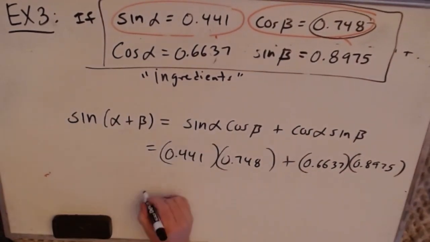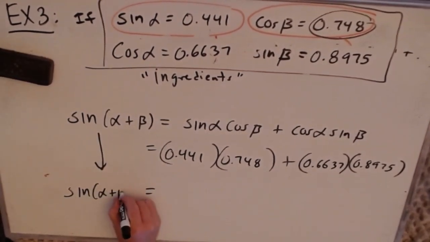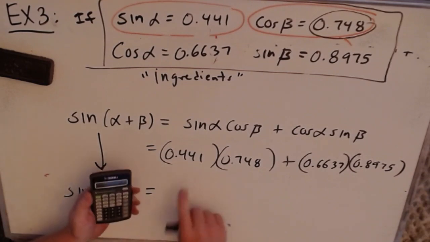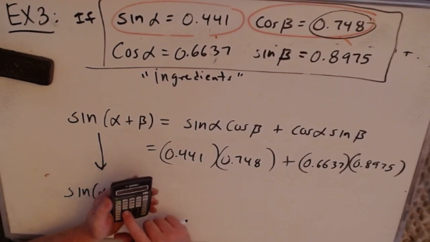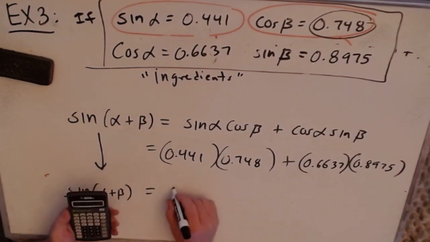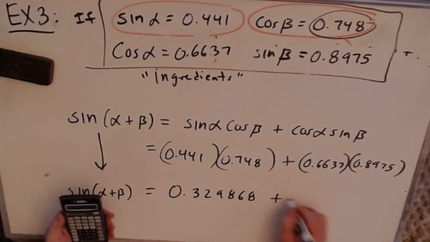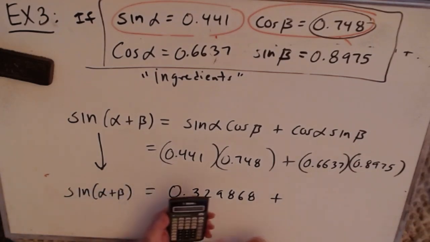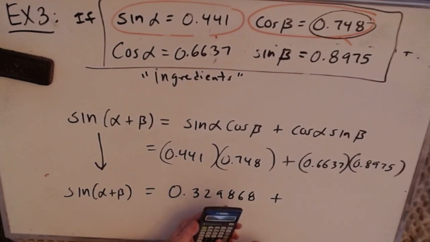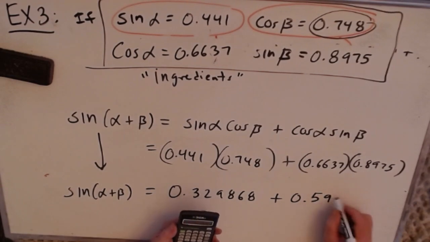It's all calculator work now. So let's do this one first: 0.441 times 0.748. I'm going to overshoot and then round down at the end. So I got more than 4 decimals, but I'll round it at the end. Then 0.6637 times 0.8975. Overshoot it, so go more than what I'm asking for.